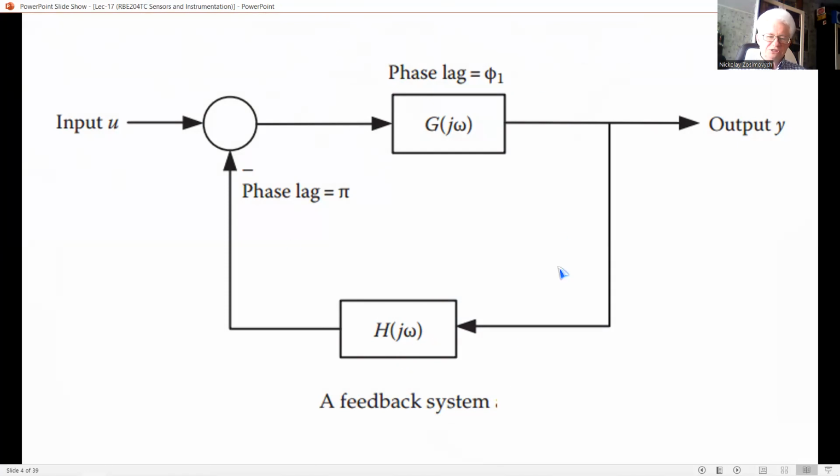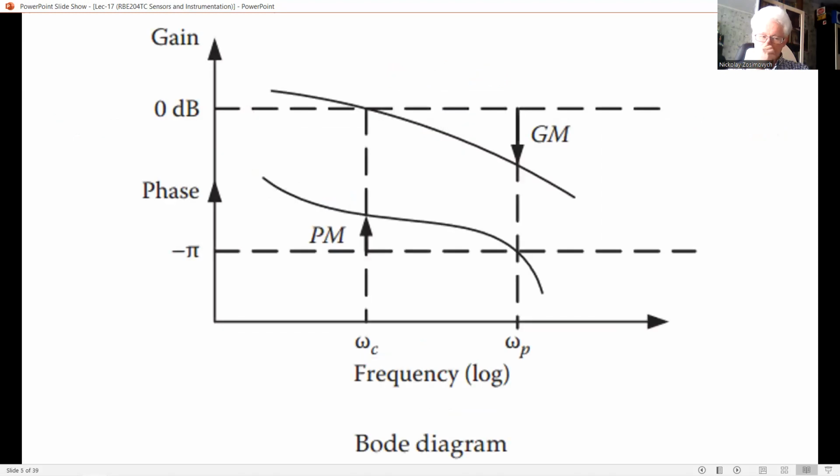These transfer functions are frequency domain representations of the overall system, which may include a variety of components such as plant, sensors, transducers, actuators, controllers, interface, and certainly signal modification devices. The Bode diagram of the system constitutes the magnitude and phase plot of the loop transfer function G times H as a function of frequency. This is sketched in this slide.